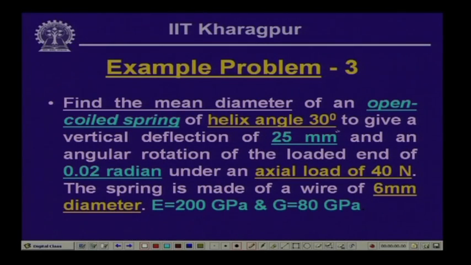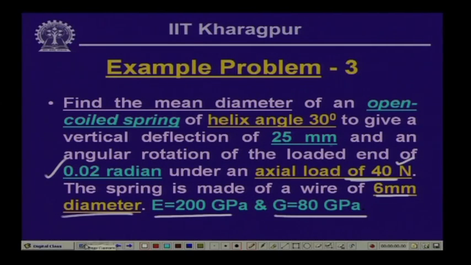Now, there is another example: find the mean diameter of an open coil spring of helix angle 30 degree to give a vertical deflection of 25 millimeter and an angular rotation of the loaded end of 0.02 radian under an axial load of 40 Newton. The spring is made of a wire of 6 millimeter diameter, and the values of E and G are given as 280 gigapascal respectively.